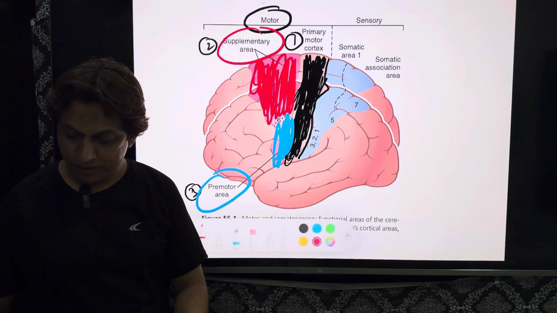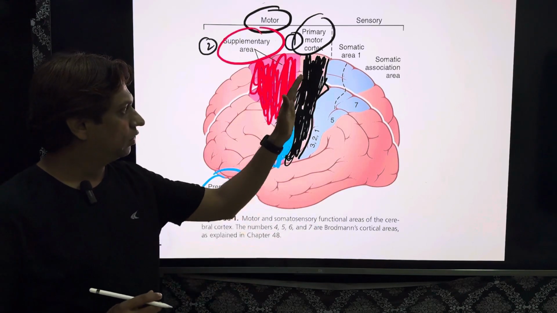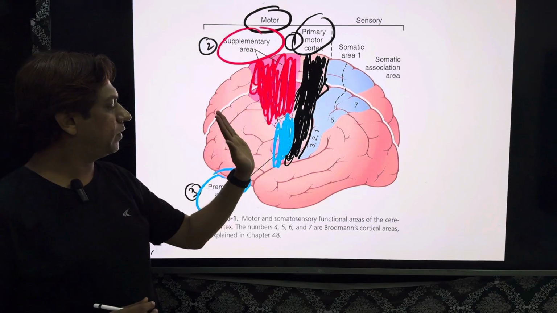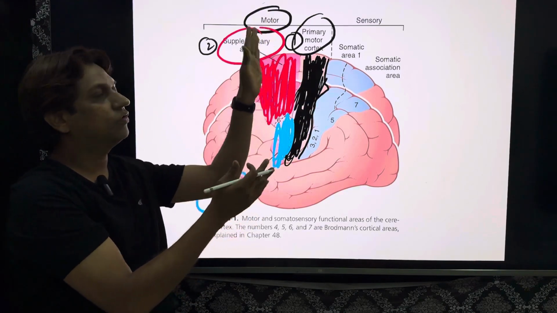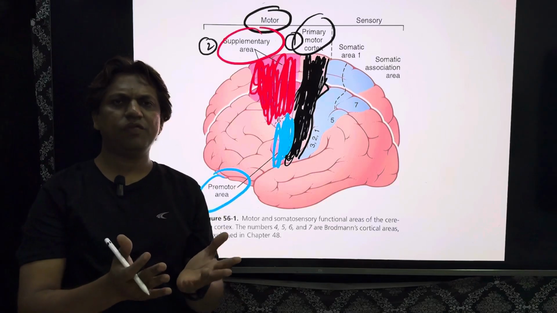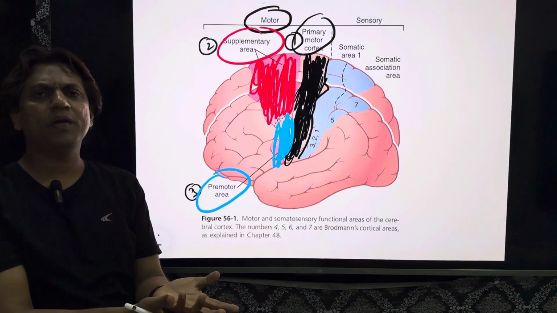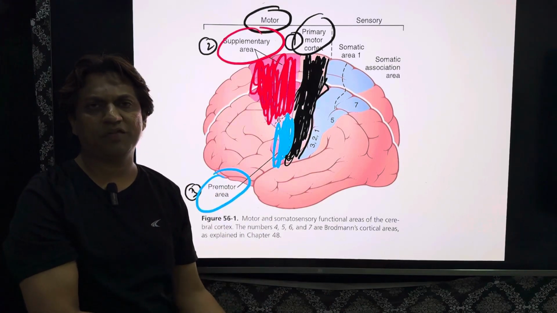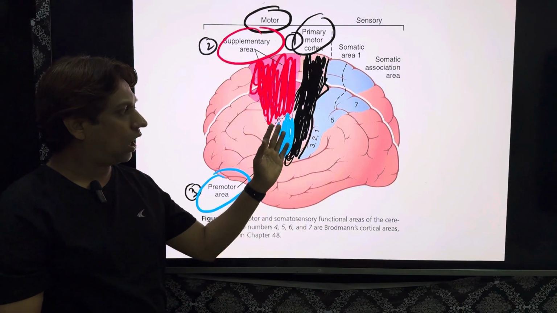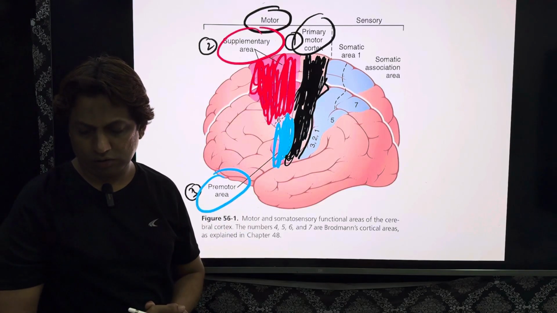So we have the primary motor cortex, supplementary motor area and premotor area. Together these three areas constitute the motor cortex. The motor cortex controls the motor activity of our body, that is the movements of the muscles and the joints. Now how exactly it controls, we are going to study.